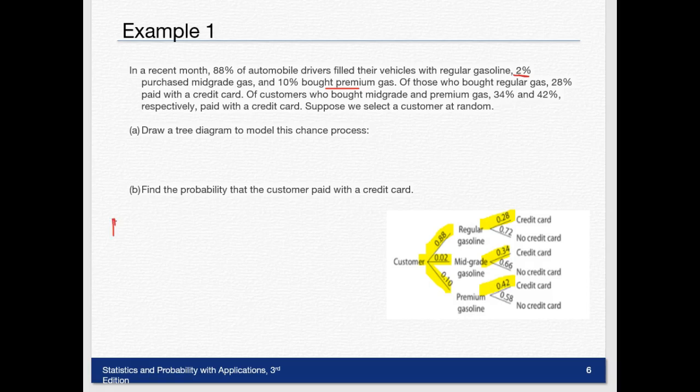So the probability of paying with the credit card. I first do the regular gasoline: 0.88 times 0.28, plus 0.02 times 0.34, plus 0.10 times 0.42.